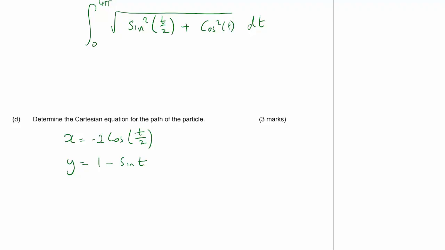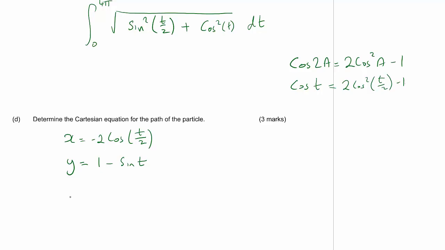So what we've got to do is eliminate t. Now I might make use of cos 2a is 2 cos squared a take 1, which means cos of t would be 2 cos squared t over 2 take 1.